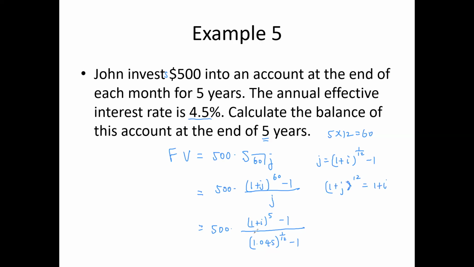It's just like using the annual effective rate for 5 years. So that's the equivalent. I have 1 plus i, which is 0.045 annual rate, 5 years. So you would get $3,495.88.